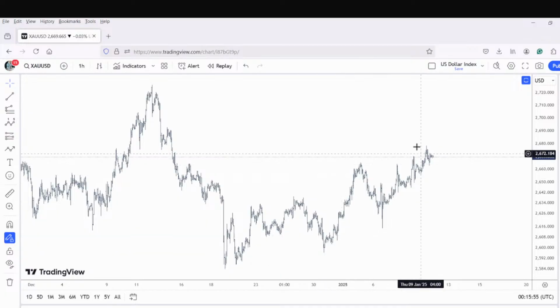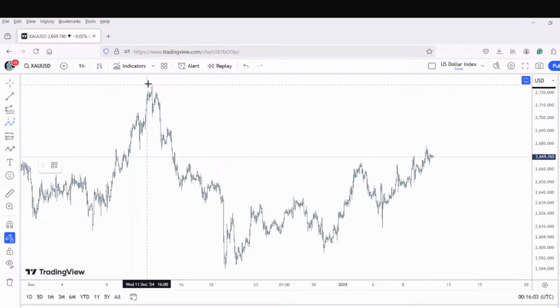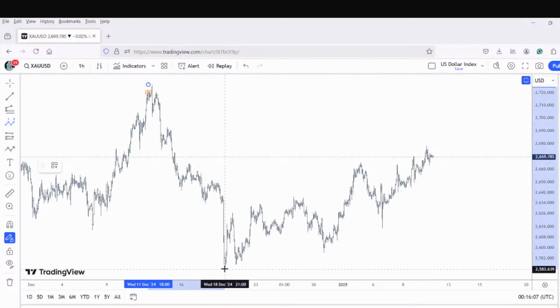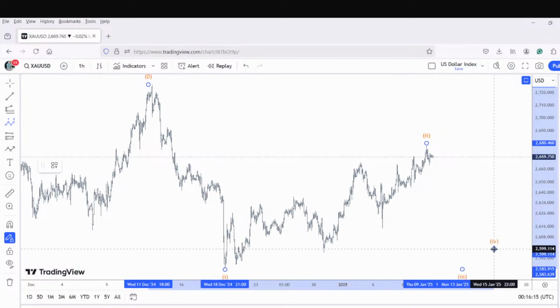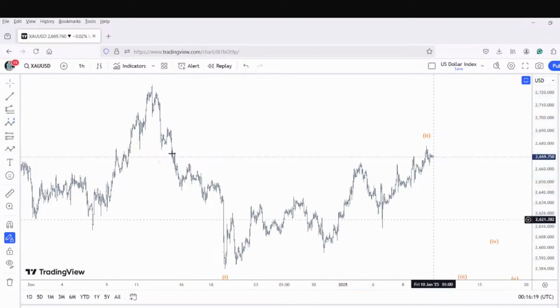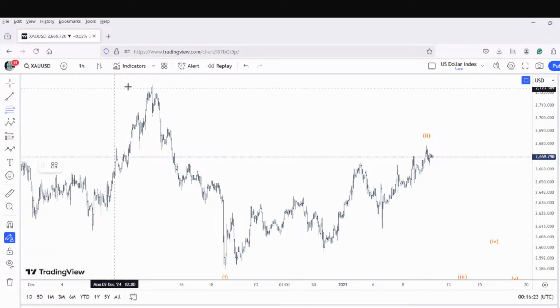Once again, that's a slight thrust, but it's okay. It's not possible for price action to exactly follow what the Fibonacci ratios are pointing towards. We need to give room for some noise, and that is absolutely normal.